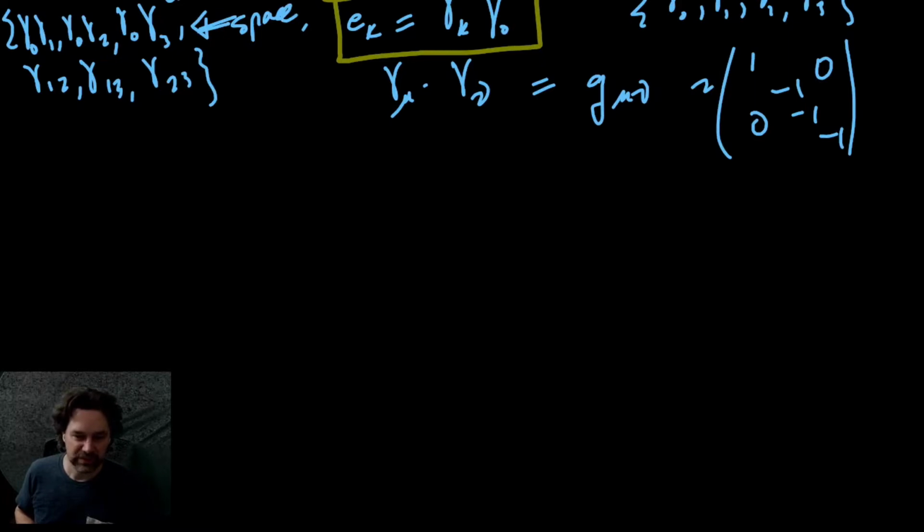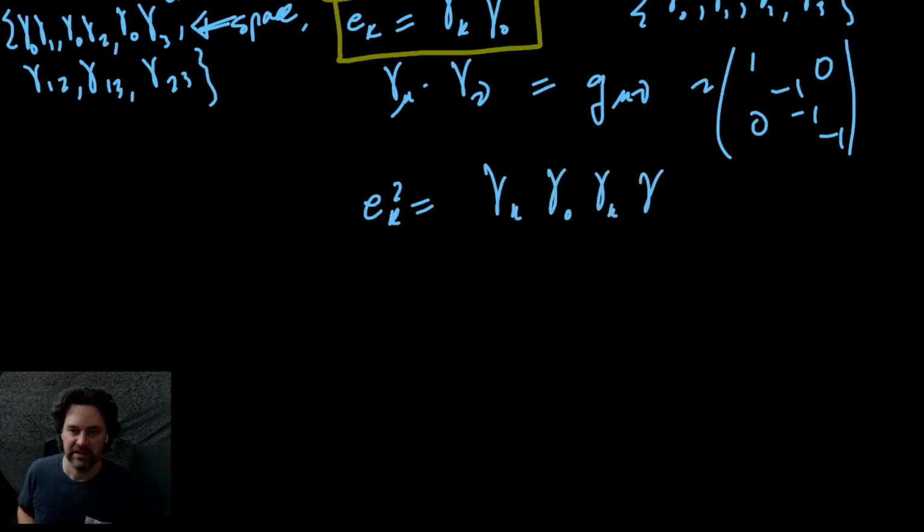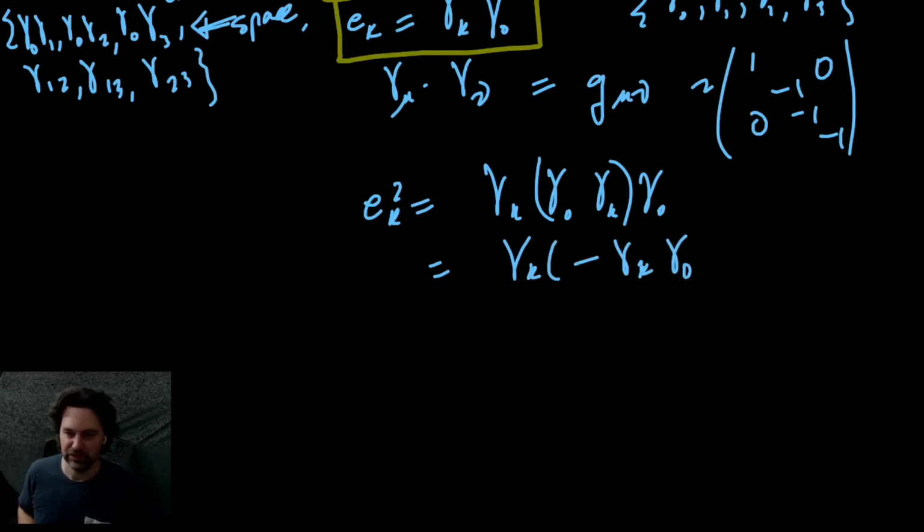The reason that we are making that choice is that Ek squared is gamma k, gamma naught, gamma k, gamma naught, and we can pick any order to do this multiplication. For this particular order, we can say that this is gamma k times minus gamma k, gamma naught. If we flip the order of any perpendicular vectors, then we change the sign, which is gamma naught.